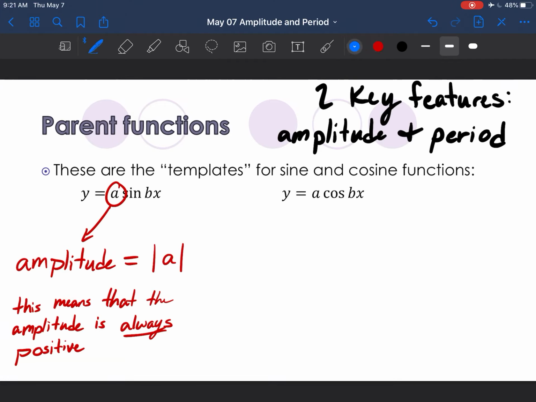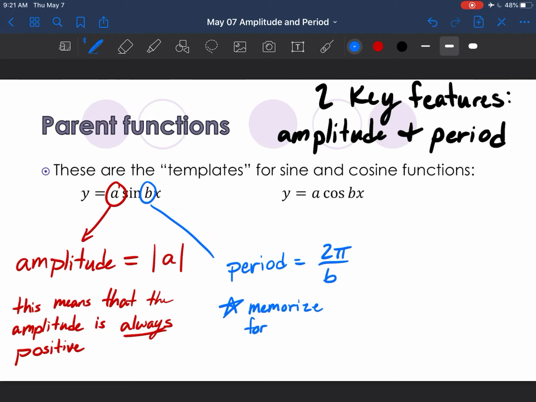Then whatever number b is what you're going to use to find your period of the function. To find the period, you use a formula. The formula is 2 pi divided by whatever number b is. I'm always making you memorize things, so make sure you memorize this formula.